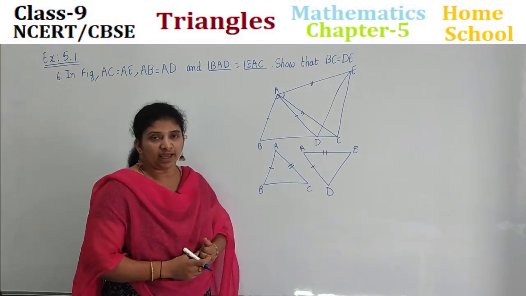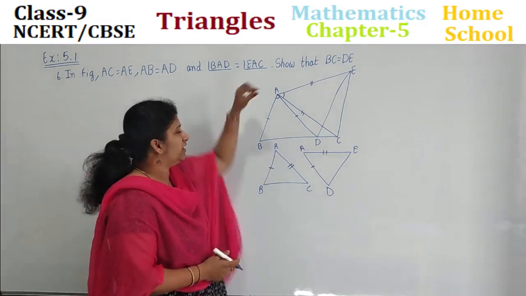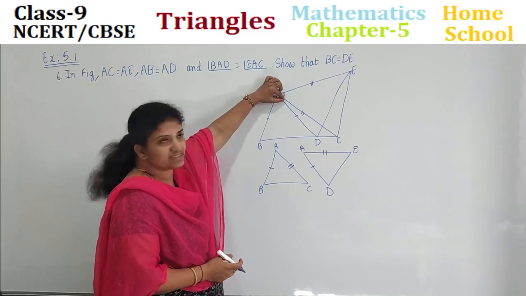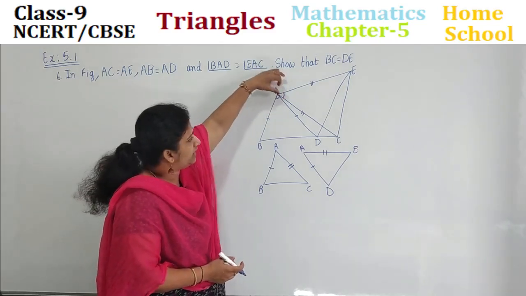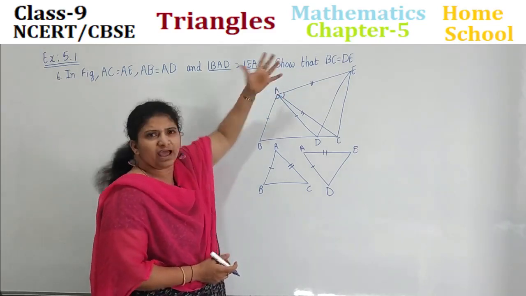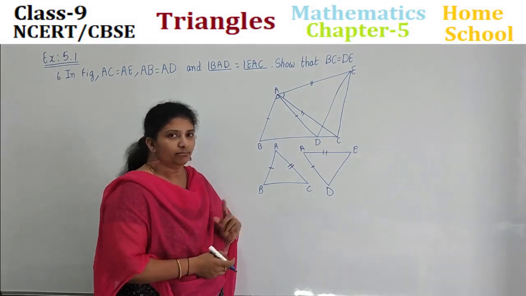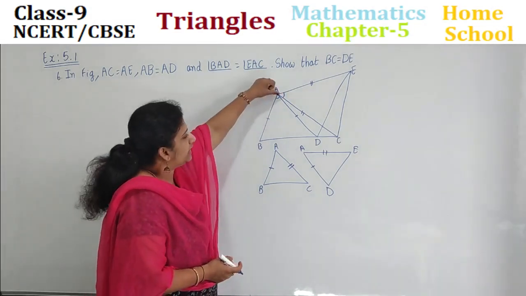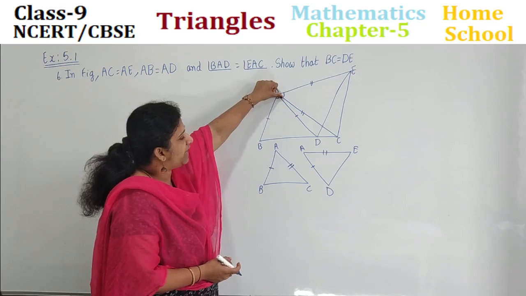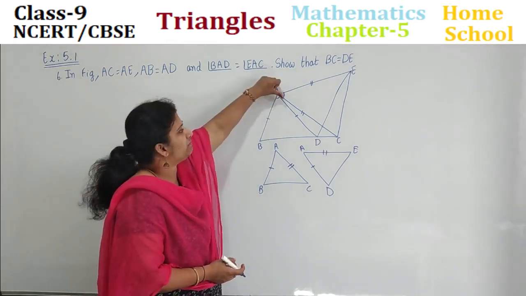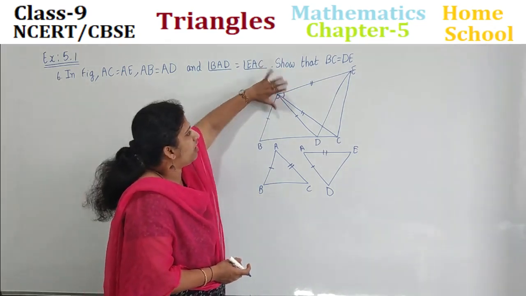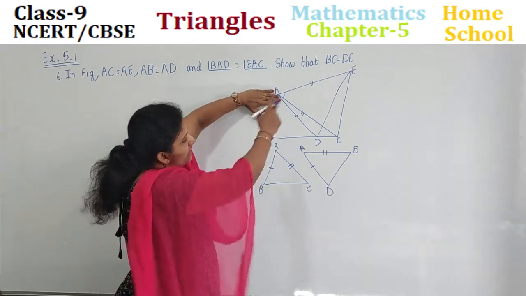You can say common angle, but observe carefully. This part was missing. You may think this angle equals angle A common, but no. Look here, in angle A, this part was missing, either for this triangle or for that triangle.